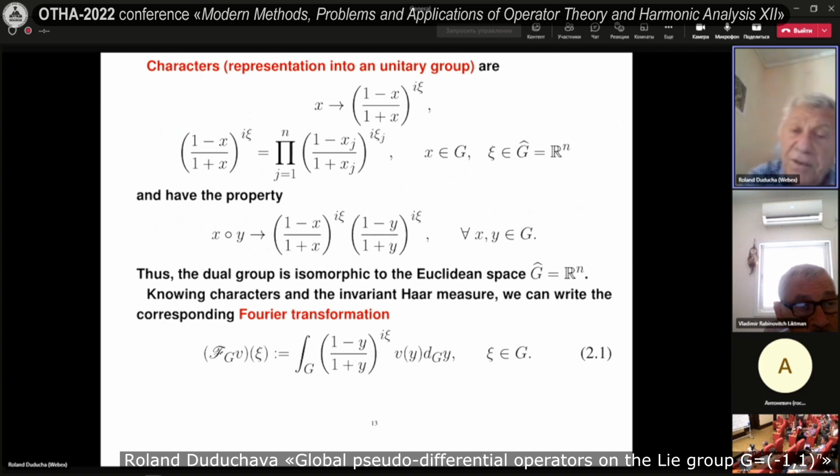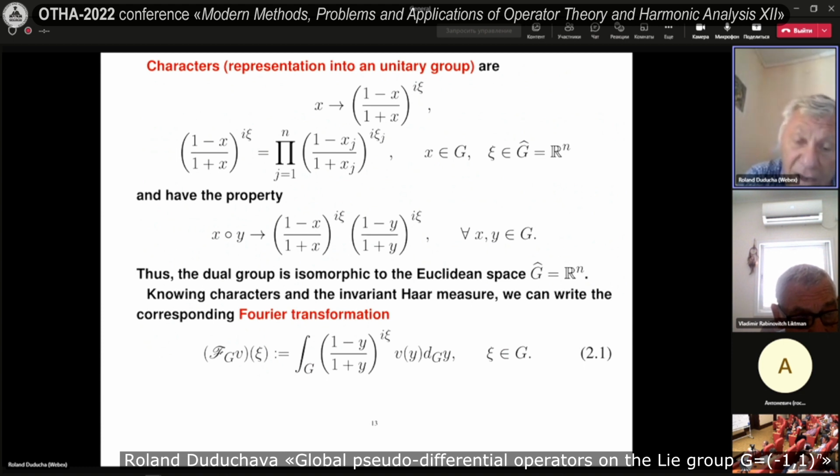Characters are this mapping: x is mapped to the ratio of 1 minus x over 1 plus x to the power i times the dual variable, and this maps the group to the Euclidean space. So the dual space coincides with the Euclidean space Rn, and this mapping has the property that the group operation over x and y is brought by these characters to the product of the characters in the character space.